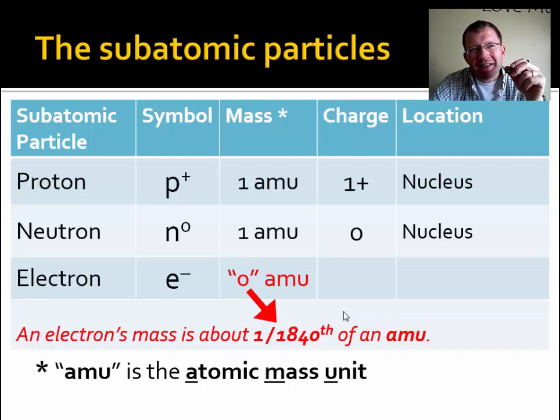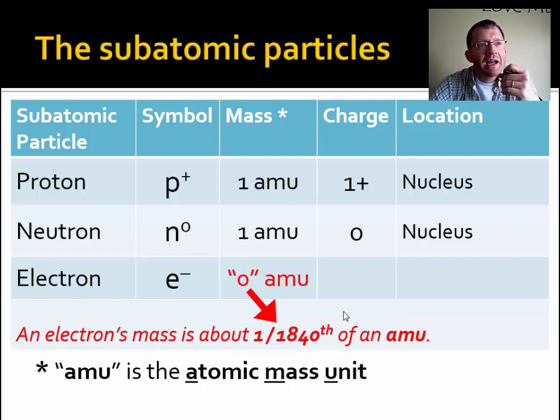And when we consider it as that small, its mass is inconsequential. It'd be 0.00 something in terms of AMUs, and it's not really worth considering in terms of the mass of an atom. It's the protons and the neutrons that give the mass of the atom its being.